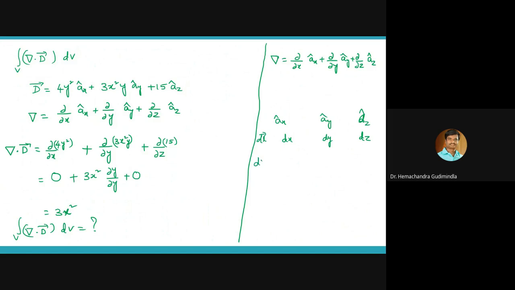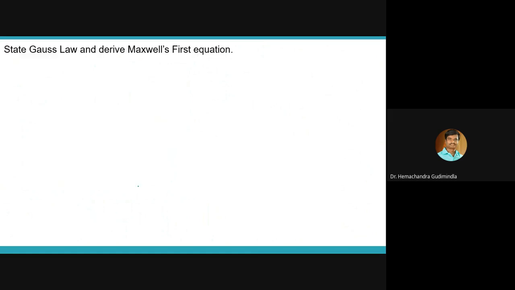Now you need to recall what is dv. dv is nothing but multiply all the things, that is dx into dy into dz. So dx x cap plus dy ay cap plus dz az cap. Now dv is nothing but dx dy dz.